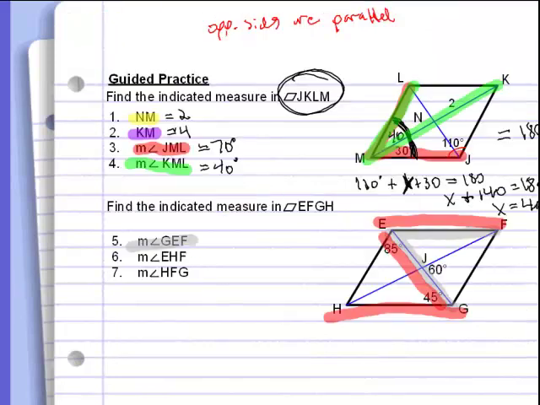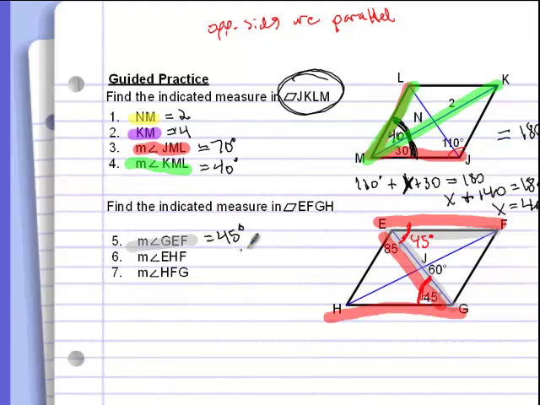So when I go back to my problem, I know that this angle and this angle are congruent. If this angle is 45, that means that this angle is also 45, which means if this is the angle I was originally looking for, GEF, I just found it using my alternate interior angle theorem. It has to be 45 degrees.